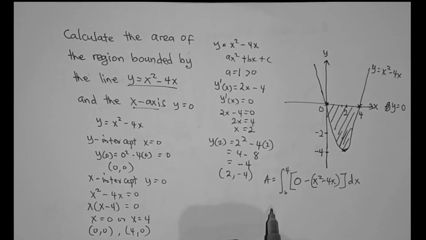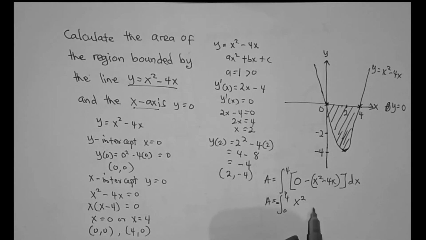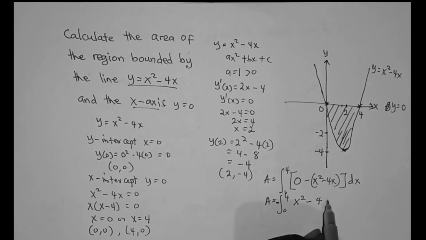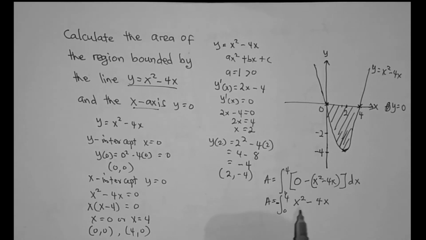So area is equal to the integral from 0 to 4. I'm pulling minus out, so that we will get the integral of x squared minus 4x dx.